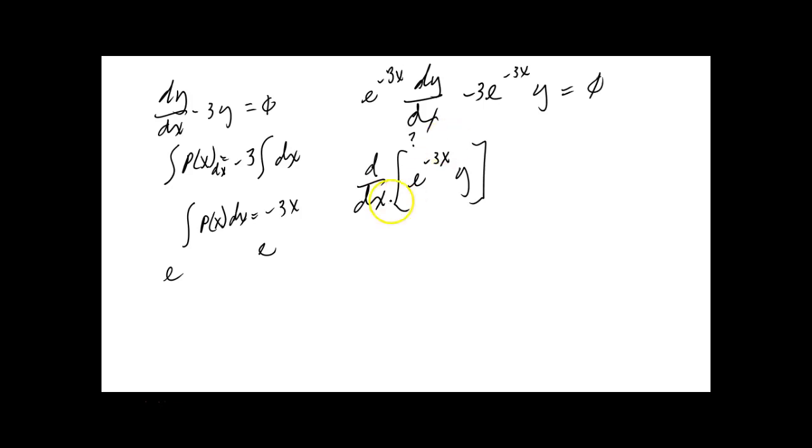The first, which is e to the minus 3x, times the derivative of the second, which is dy/dx. Right? Plus the second, y, times the derivative of the first. What's the derivative of the first? What's the derivative of e to the minus 3x?